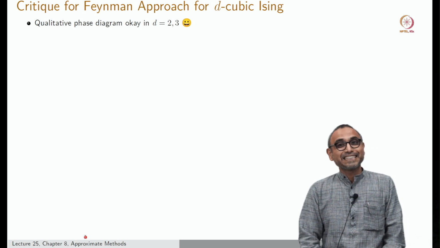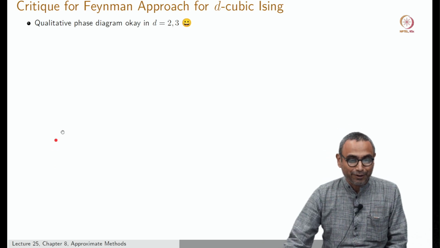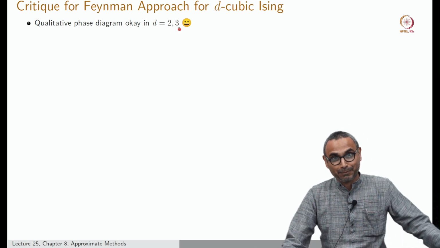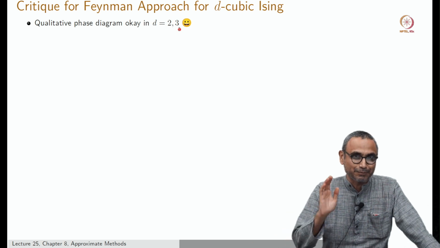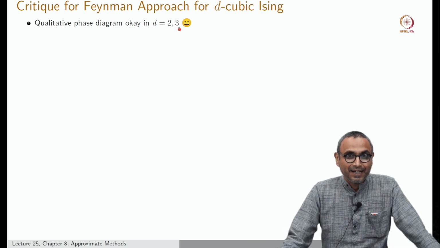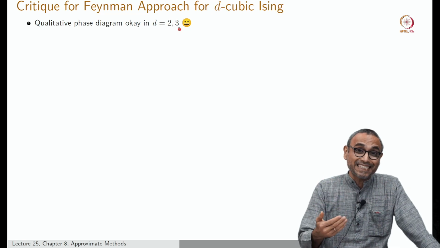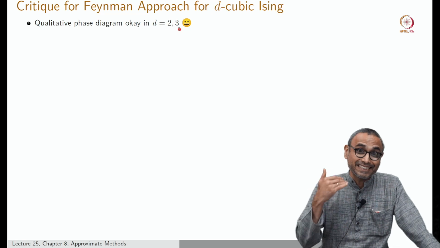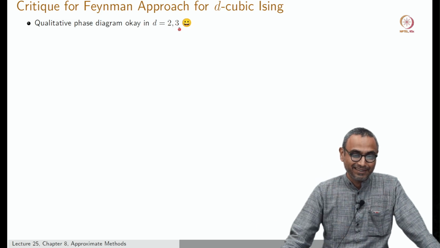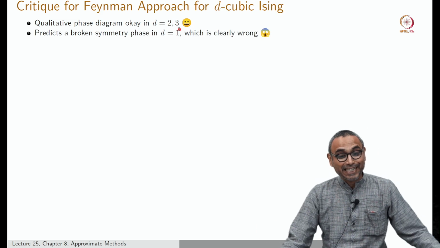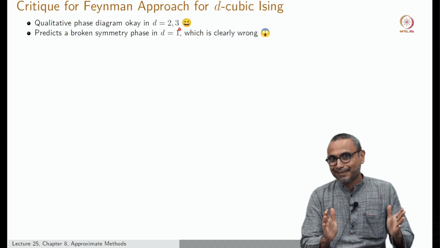Certainly the phase diagram looks okay from the d equal to 2 and d equal to 3 perspective, because we know that at d equal to 2 there is some symmetry breaking. But our Feynman variational principle also tells us that there will be a magnetized phase in d equal to 1. Now this is terrible because this does not happen.